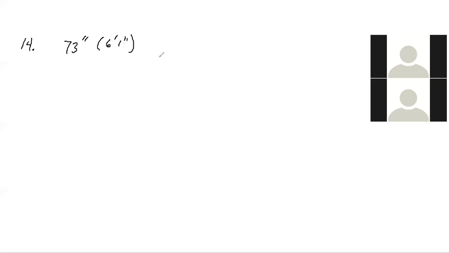But a nurse in your doctor's office measures your height at 72.5 inches. So we want to calculate absolute error and relative error. Now remember, relative error is going to be a percentage.